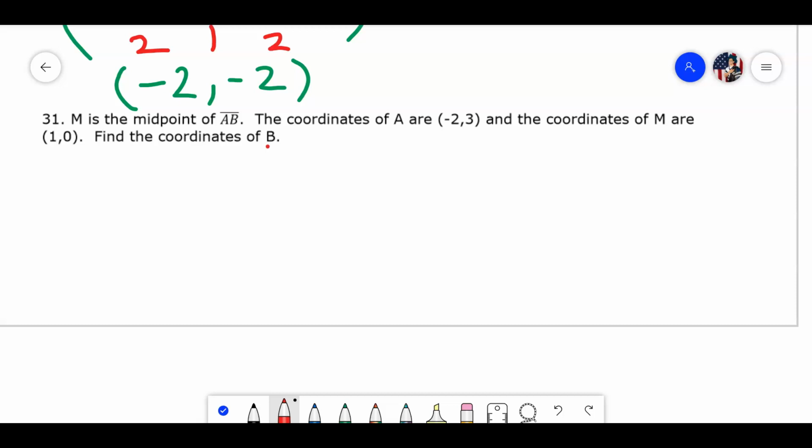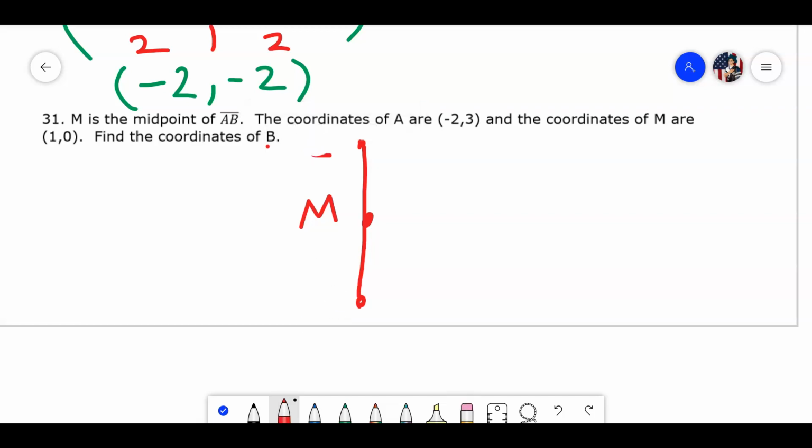Now, I can show you the way to do it algebraically using the formula, but I'm going to show you an easier way, okay? So let's draw a little picture. Here's my segment, my endpoint, and then right in the middle is my midpoint, right? And actually, let's just use the letters that they have for us.